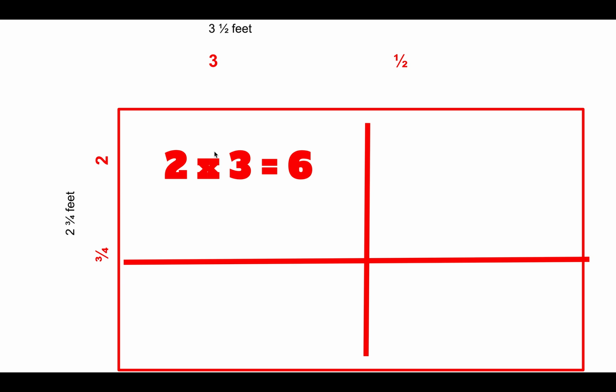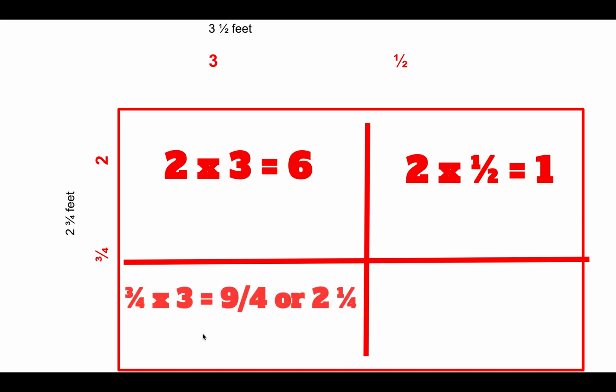So here, again, we multiply 2 times 3. Here, we multiply 2 times 1/2. Here, we multiply 3/4 times 3. And here, we multiply 3/4 times 1/2. Now, you can use any strategy you want to multiply. I personally really like the blocks, whether that's Toy Theater or your blocks you have at home, but it's up to you how you want to multiply the numbers.